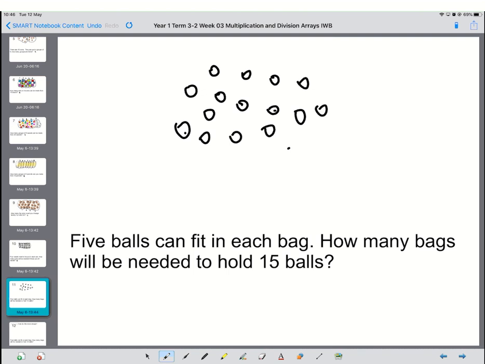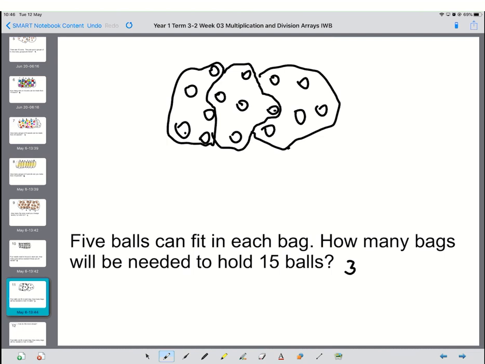Now let's put them into groups of 5. 1 group of 5. 2 groups of 5. 3 groups of 5.